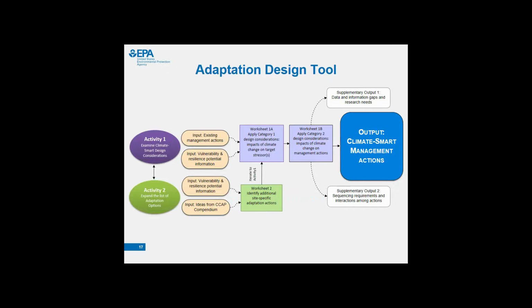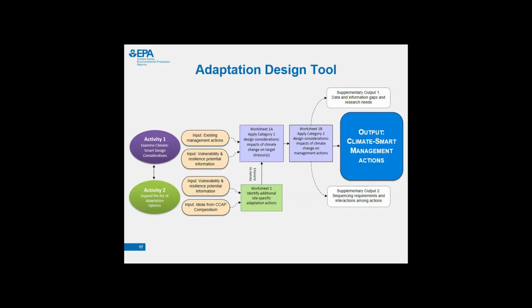You've taken existing management actions that you were given by example, or some people might have taken their own. You've used vulnerability assessment information along with looking at those actions to try out the design considerations in worksheets 1A and 1B, and what that means for expressing a more detailed so-called climate smart version of the original action.